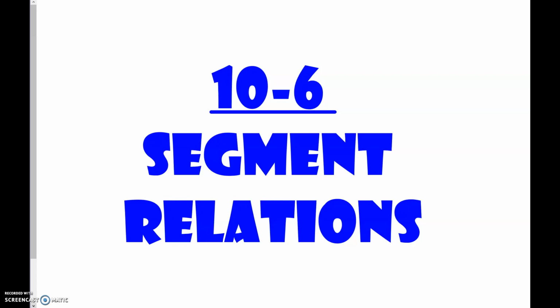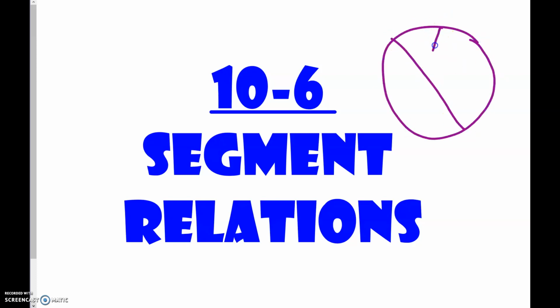We're going to do 10-6, which is segment relations. We did half of 10-6 last Friday, and what we did in there is if we had a circle and we had two chords in the circle, we are dealing with the lengths of these chords.